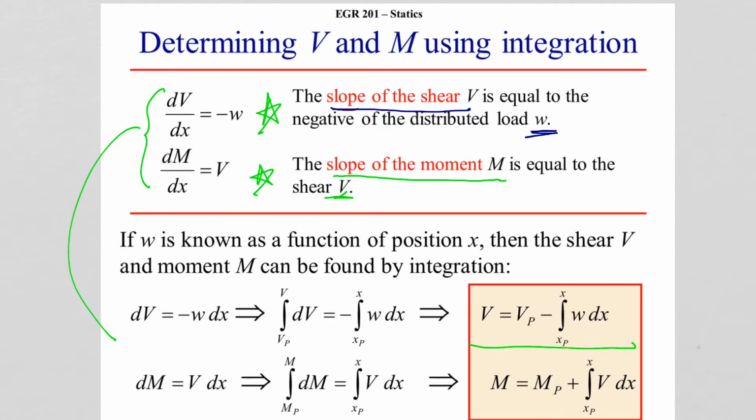The first one is finding our shear. If we know our distributed load as a function of x, we can then solve for our shear. This value of V sub P is at some known point, and usually it is 0. Sometimes it could be the reaction force that we may have at the left-hand side of our beam.